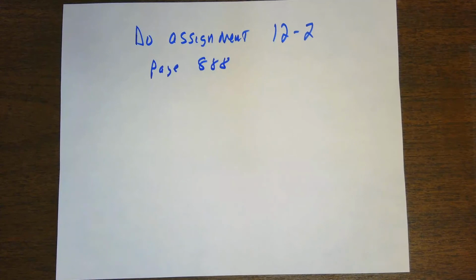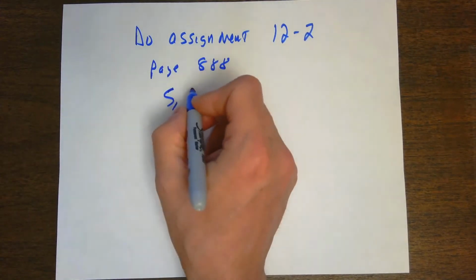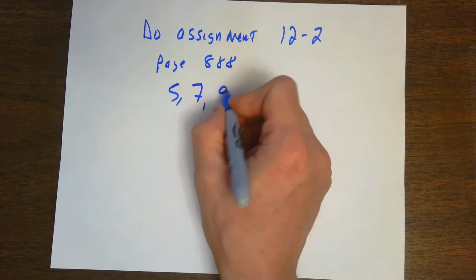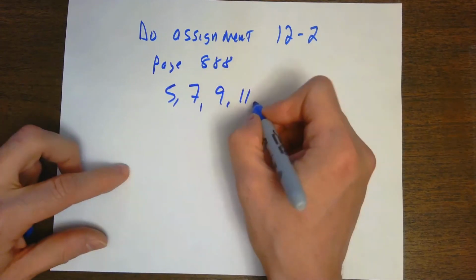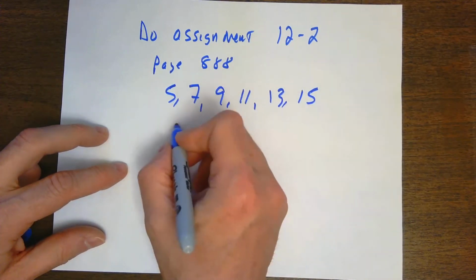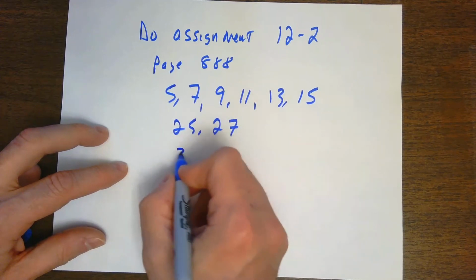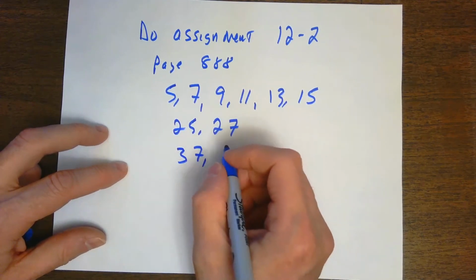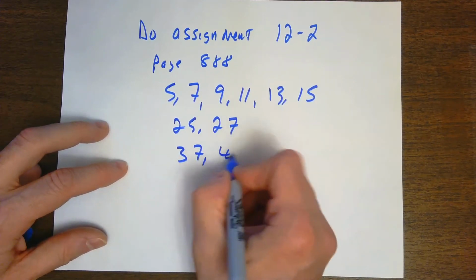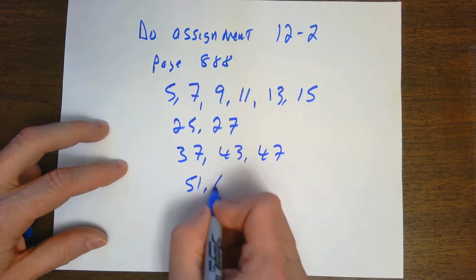And I want you to do problems numbers 5, 7, 9, 11, 13, 15, 25, and 27, 37, and 43, 47, and then 51 and 61.